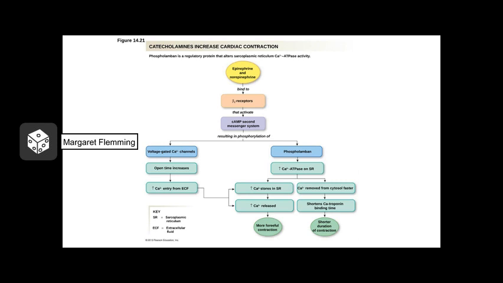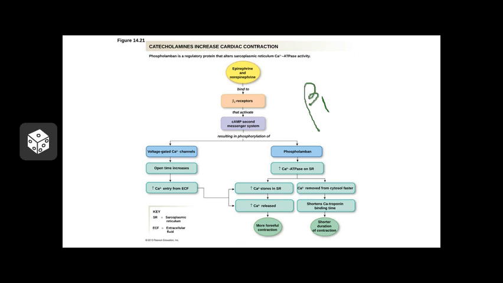I've added this slide to show you that our catecholamines, epinephrine and norepinephrine, don't just increase the rate of cardiac contraction, they also increase the force of cardiac contraction. The biggest reason for this is the beta-1 adrenergic receptors on the heart that we talked about in A&PII.